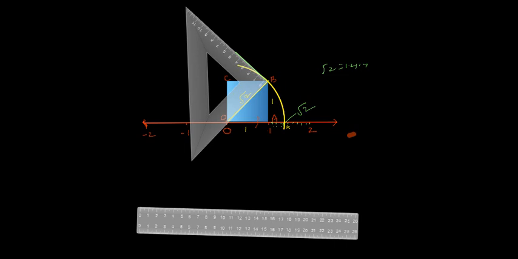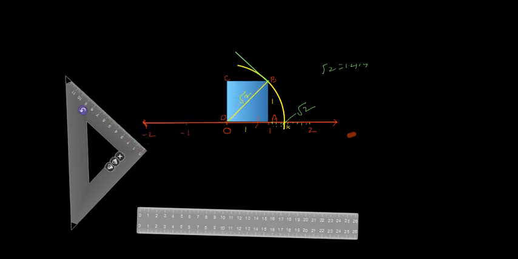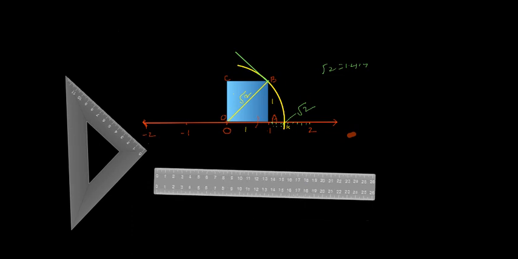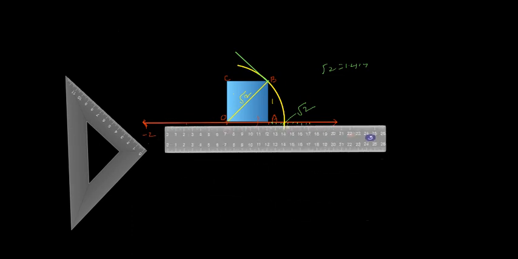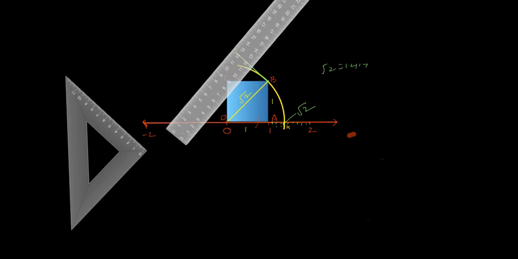What you observe on the screen, you put a right angle triangle on the hypotenuse OB and you remove it. You put it aside. After that, you take the scale and join these two end points.